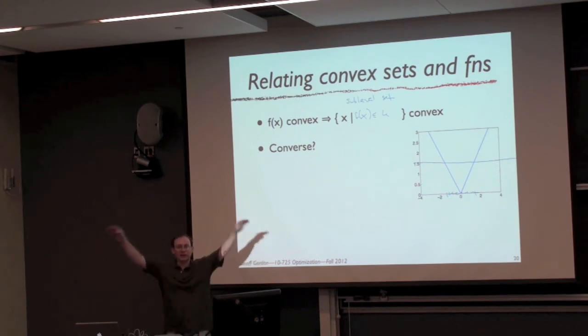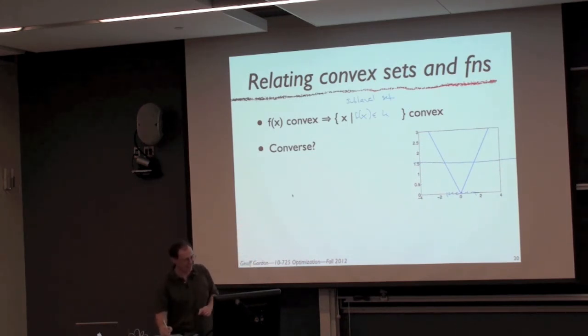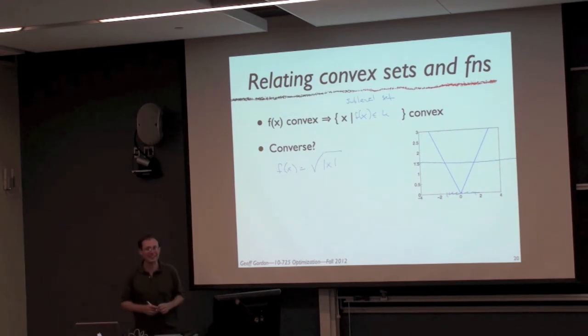Okay, so somebody went like this in the back. I don't think the camera picked you up, but yeah. So for example, if we take f of x is equal to the square root of the absolute value of x, right? So that's the seagull function, I guess, that was being indicated, right? And all of the sublevel sets of that are going to be convex, right? But the function itself is not.